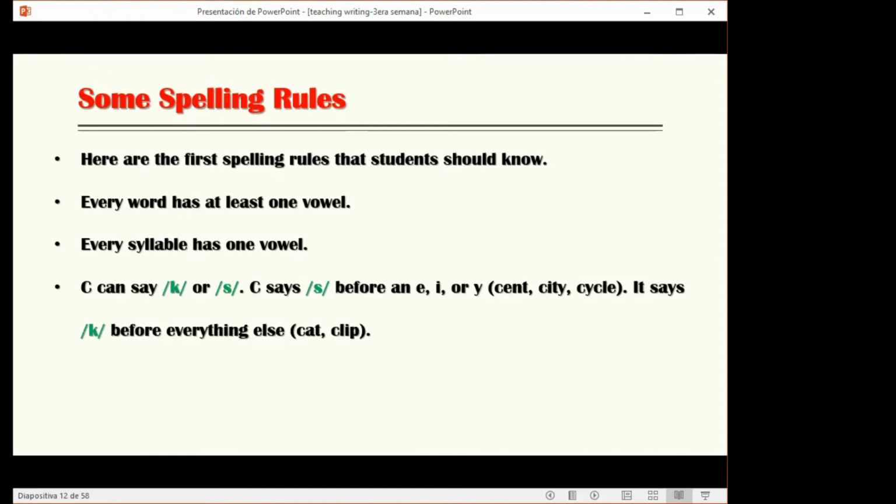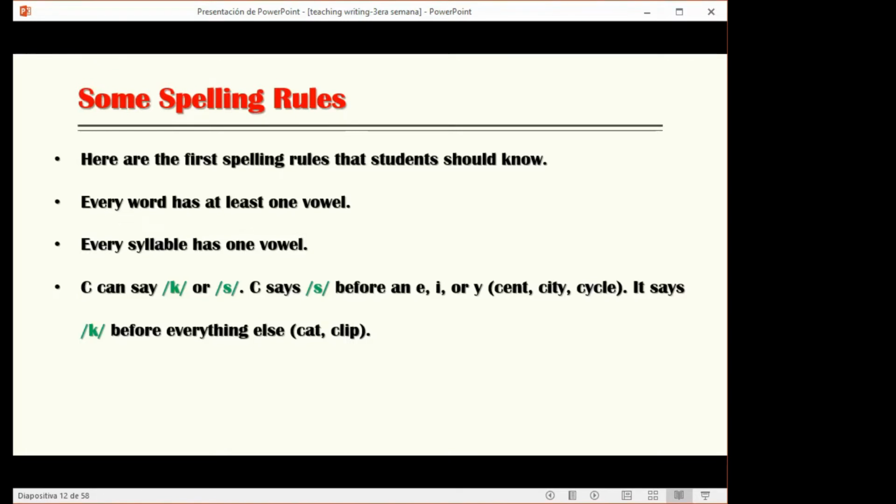Here you have other spelling rules related to the pronunciation. For example, the letter C can have two sounds, the sound K or the sound S. C says S before an E, I, or Y: sent, city, cycle. Notice the spelling rules.